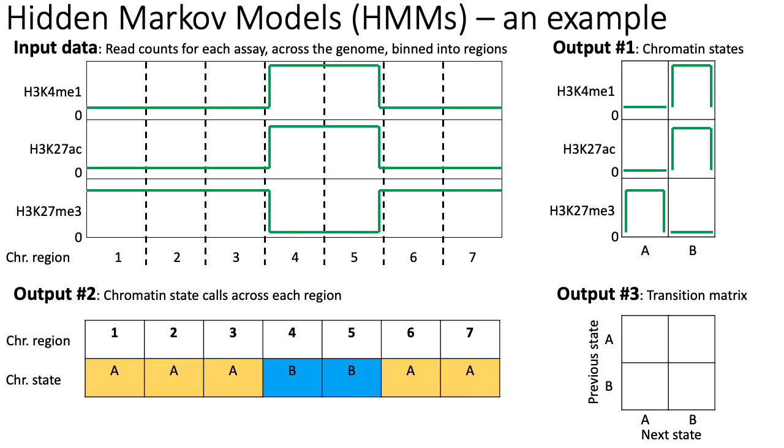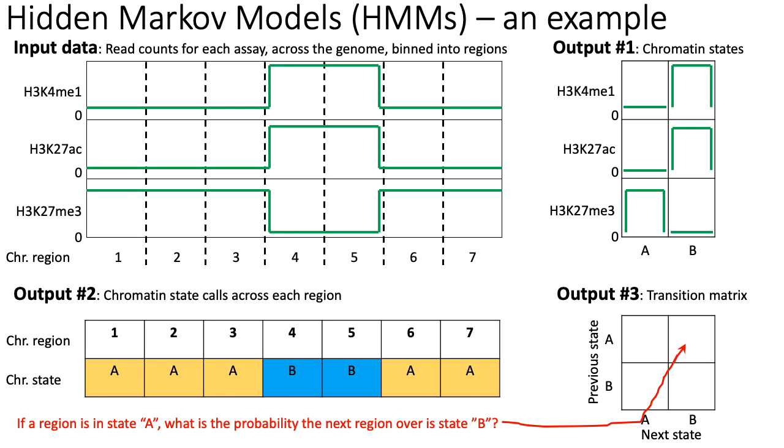What this table tells you is, if you are in one state, say state A, what is the probability that the next region over is going to be either a state A or a state B region. For example, the value in the top right-hand corner of this 2x2 table tells you, if a given region is in state A, what is the probability that the next region over is going to be a state B.